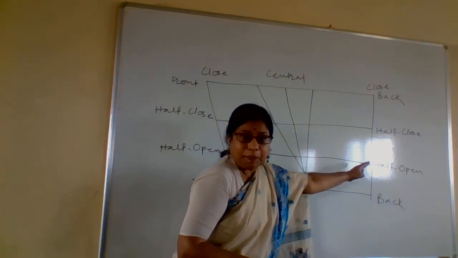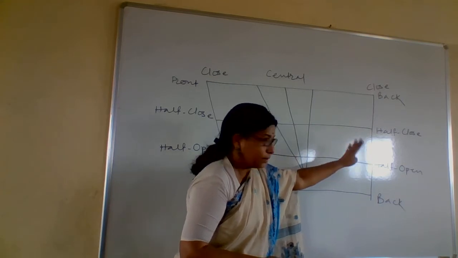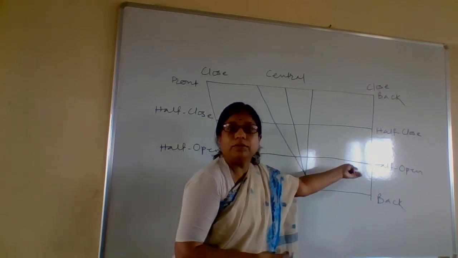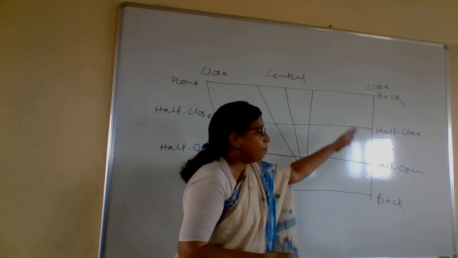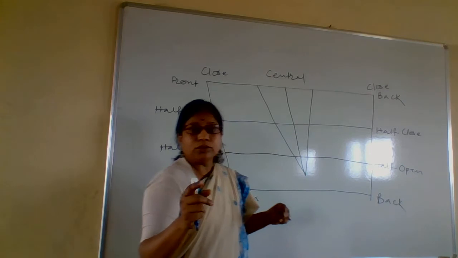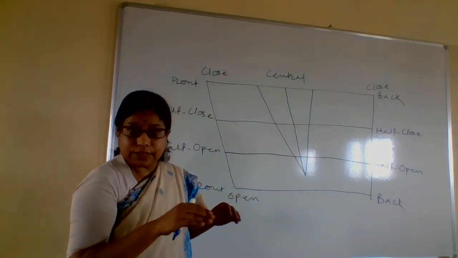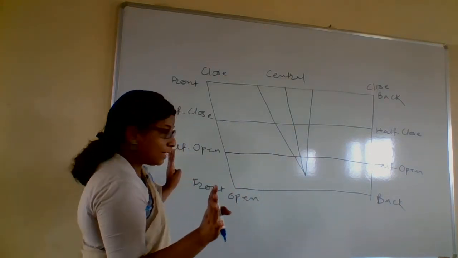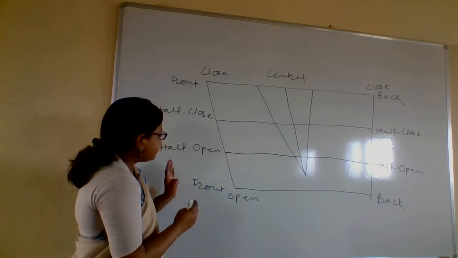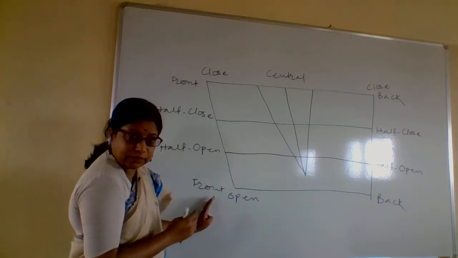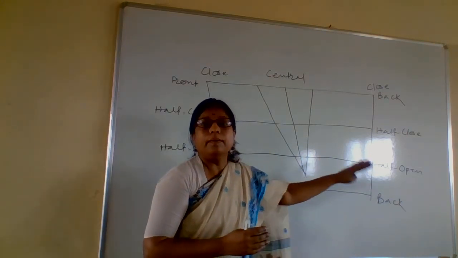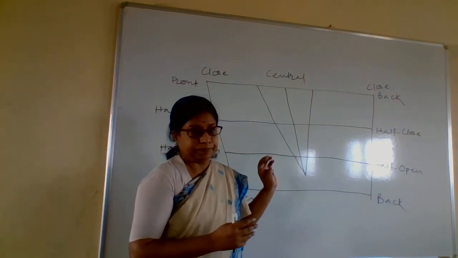In case this part is raised or lowered or used during the production of a particular vowel, the vowel is known as a back vowel. So depending upon the part of the tongue that is moved, the vowels are front vowels, central vowels, or back vowels.